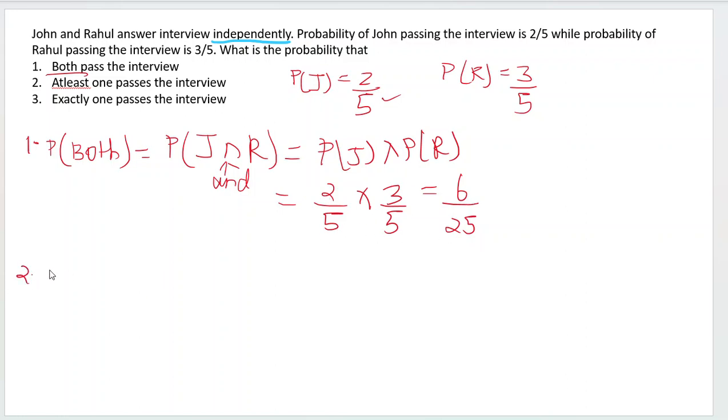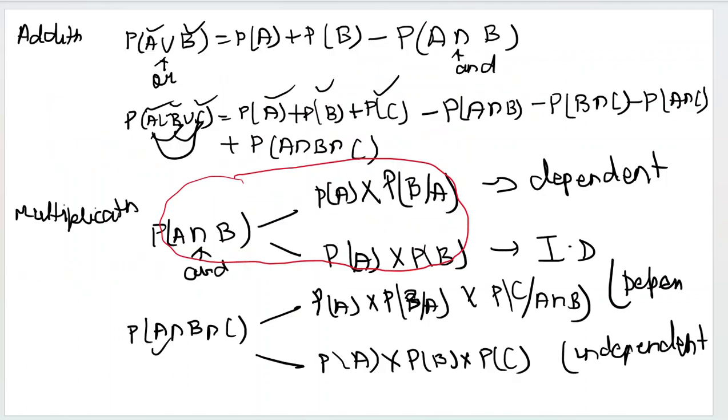The next, it is said probability that at least one passes, and this is nothing but probability that John or Rahul passes. So when you say at least one, either one of the two has to pass, need not be both. So this is probability of J union R, and this is easily given by the addition theorem.